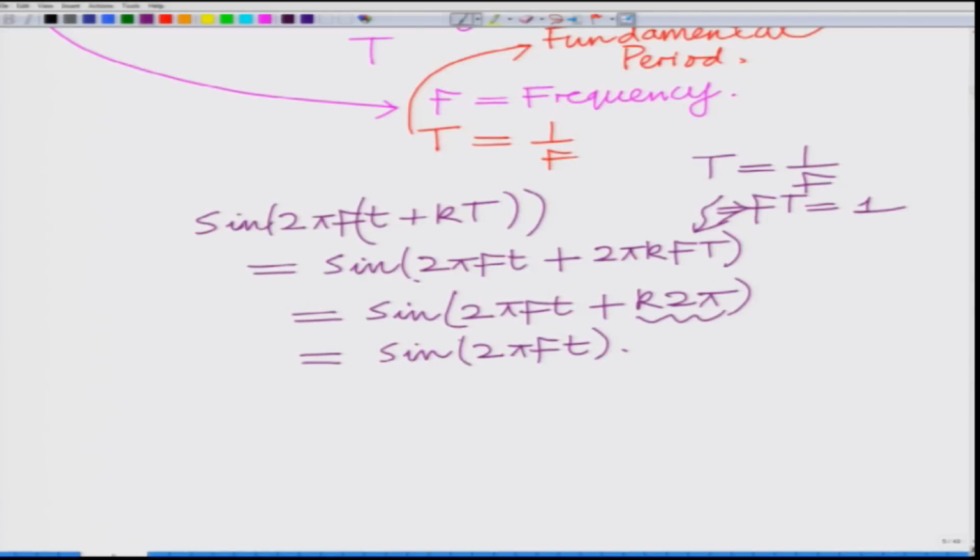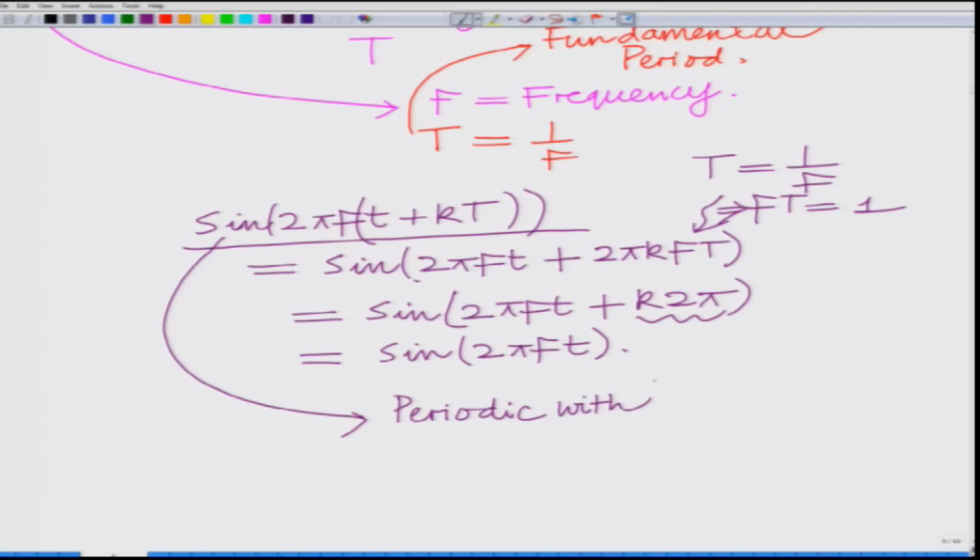So, we have shown this is periodic with period T, which is equal to 1 over f.